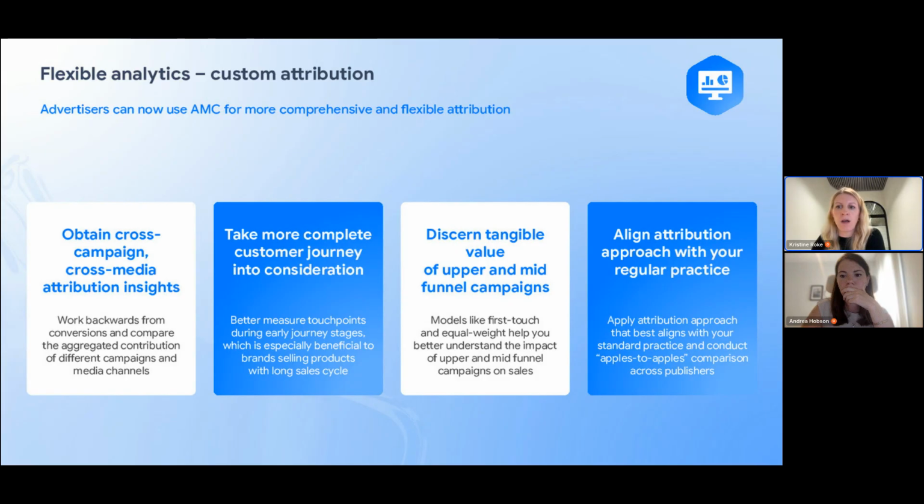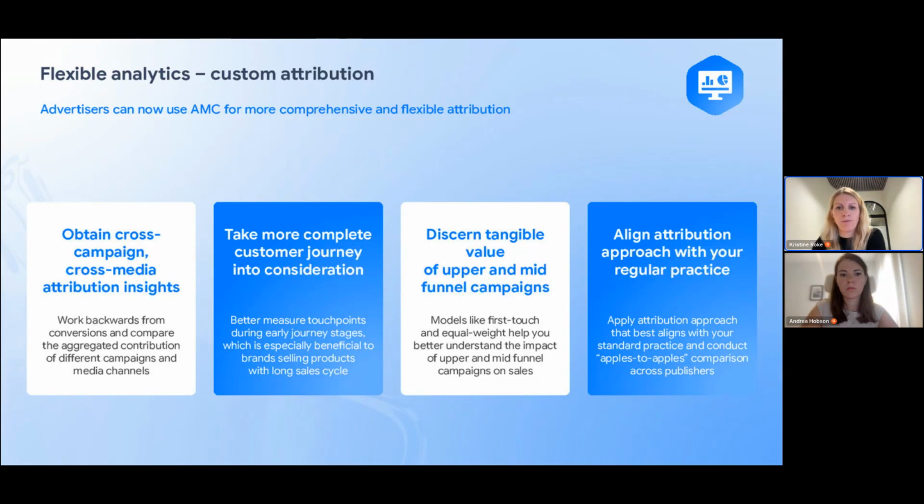And we can also apply models like first touch or equal weight to better understand the value of those upper and mid funnel campaigns. In practice, this helps us answer questions like: did the streaming TV campaign actually influence the later conversion? Or are our display ads helping people move from awareness to consideration?